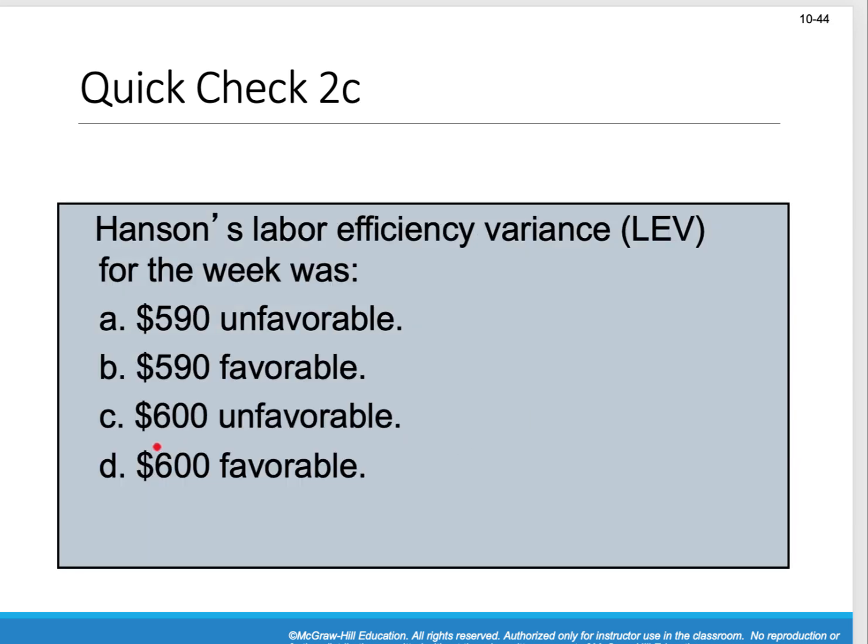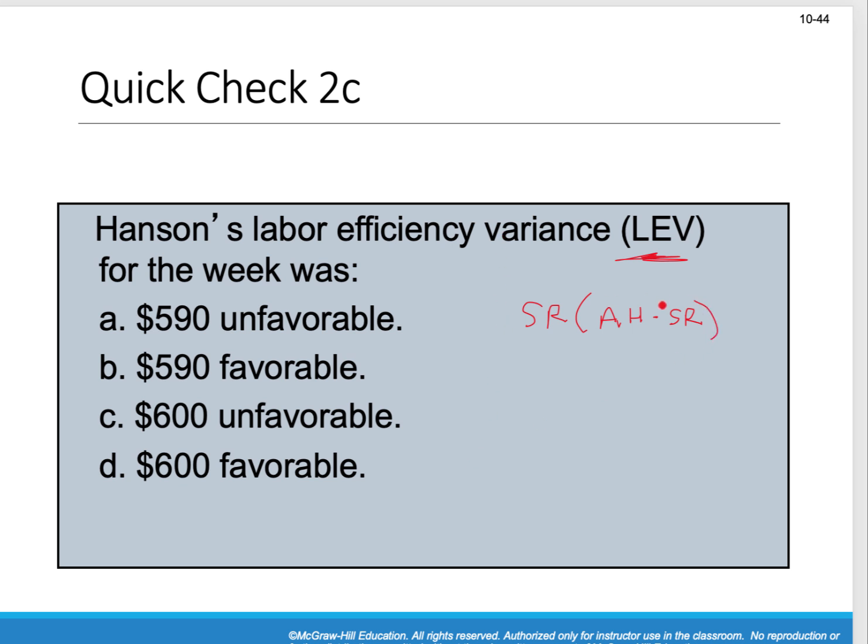The labor efficiency variance. Again, we can do the same thing. The takeaway here is just knowing, what equation do I have to use? Well, to figure out the labor efficiency variance, it's going to be the standard rate multiplied by the difference between the actual hours incurred minus the standard hours.